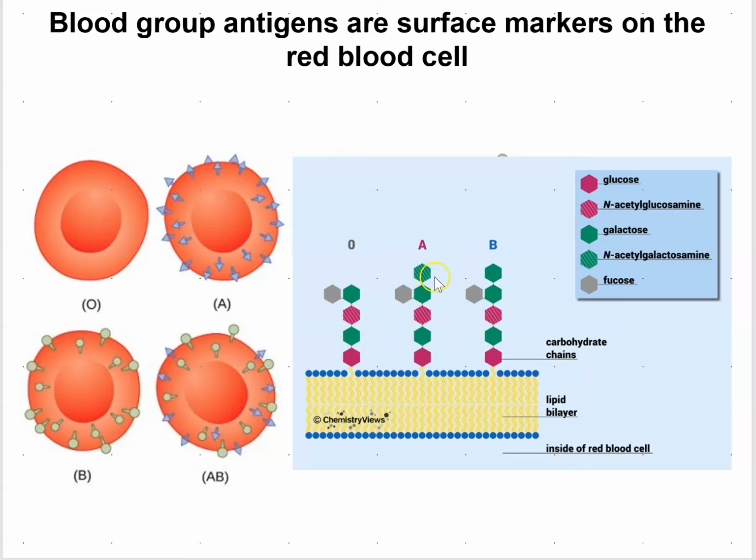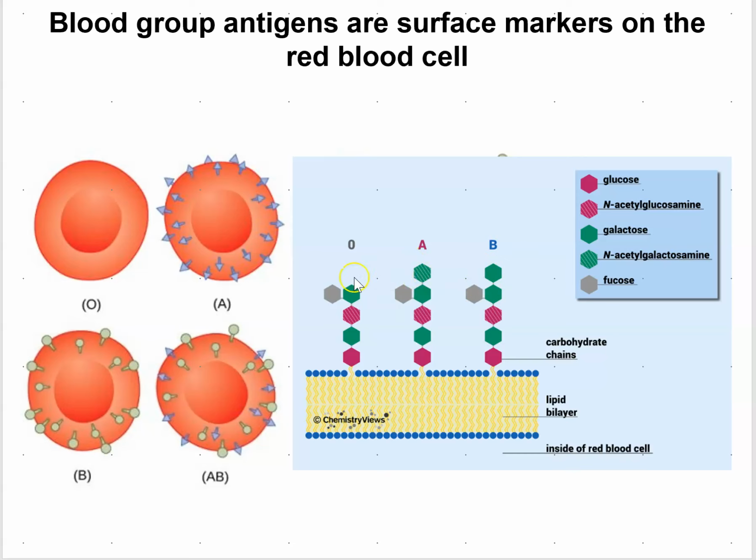But if you look at the last side chain in O, A, and B, type A has N-acetylglucosamine in the corner along with the normal common carbohydrate chain. Type B blood has a galactose instead of N-acetylglucosamine.